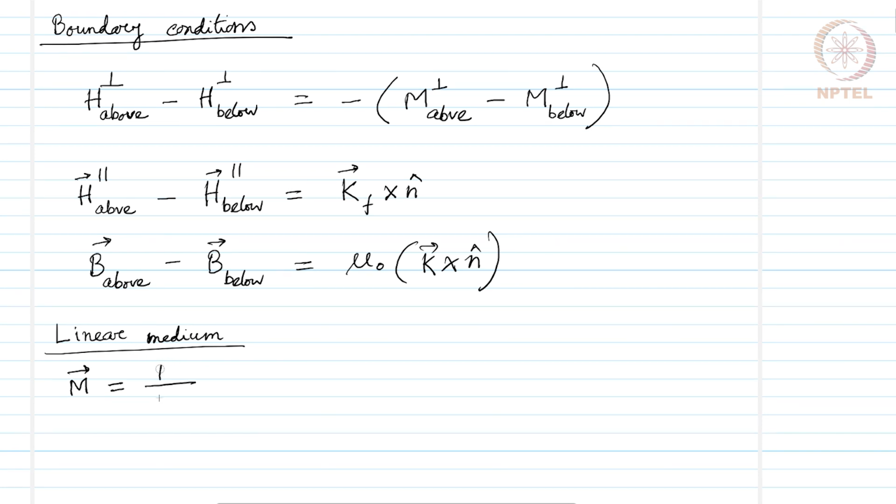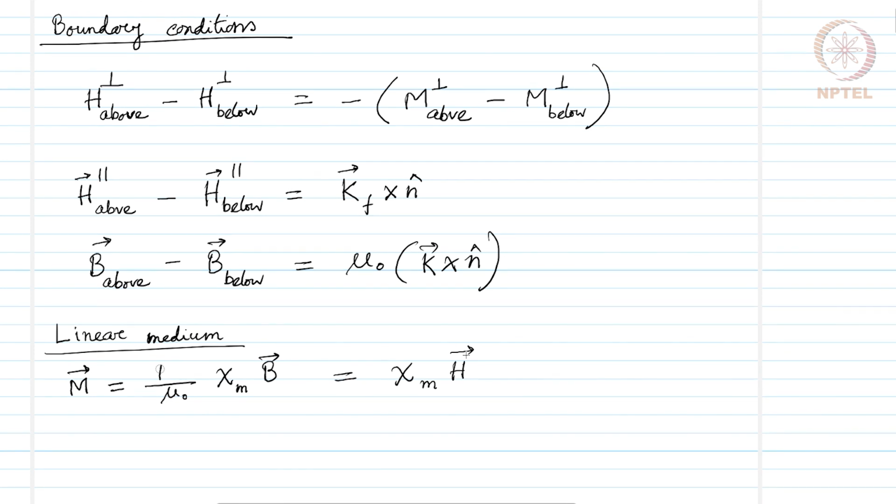That means we will have 1 over mu naught chi m, that is the magnetic susceptibility, times B, that will give the magnetic polarization, and this means it will be chi m times the H field.